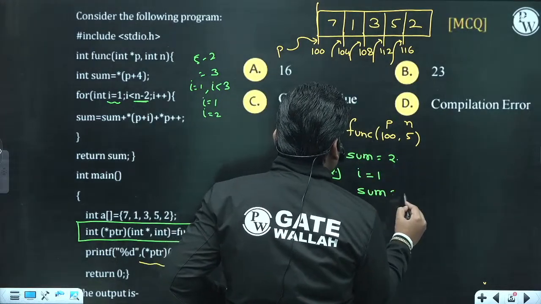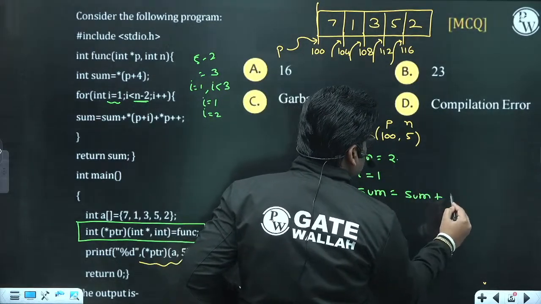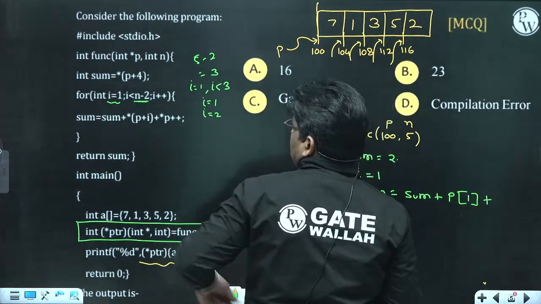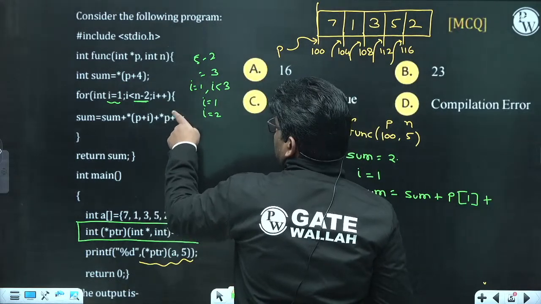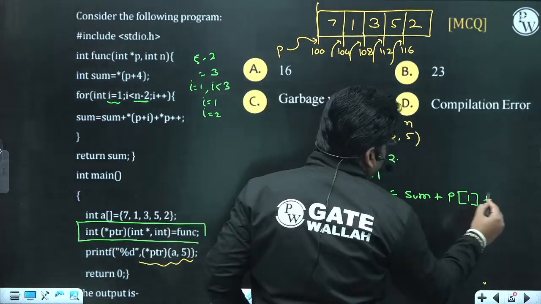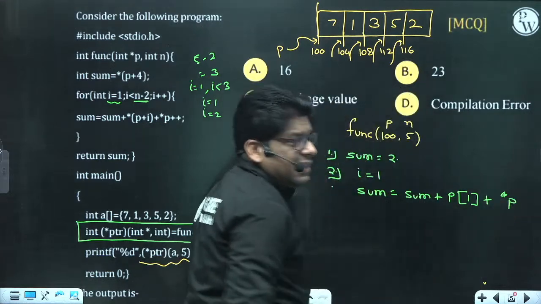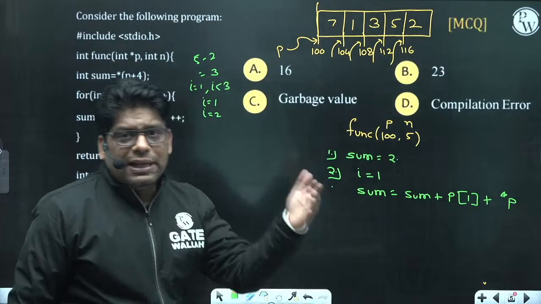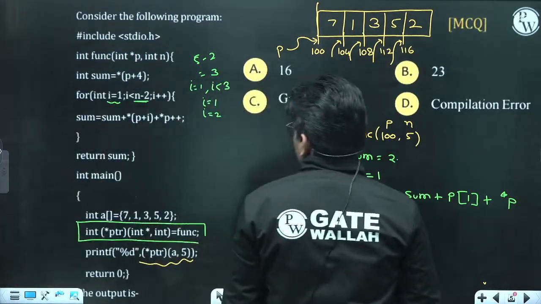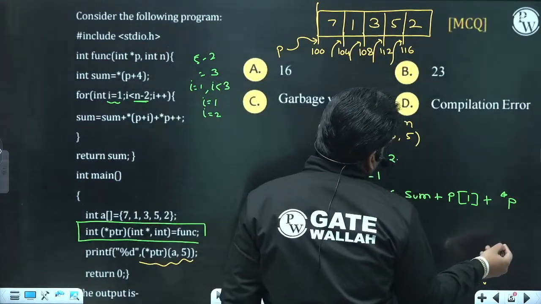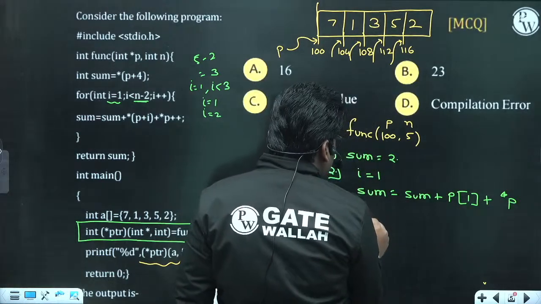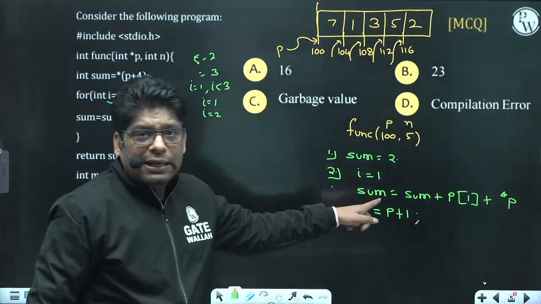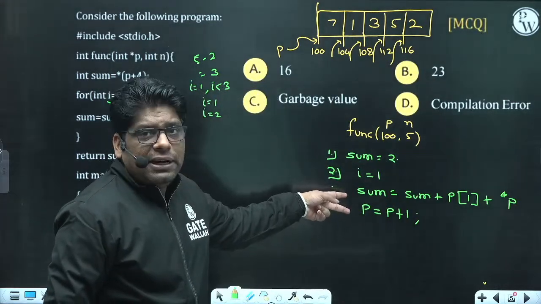This statement is sum is equal to sum plus P of i, the value of i is 1, plus, if you focus over here, it is a post increment. And what does post increment say? First use the value, then increase it. So actually we are saying star P, and later we are doing P is equal to P plus 1. Is this clear that for i is equal to 1, the statement is divided into two parts?